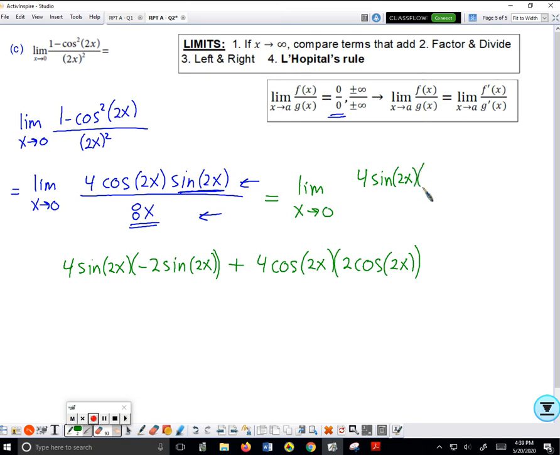So now when we plug in close to 0 here, this is going to become 0, this is going to become 0, plus this will become close to 1, this will become close to 1, so that whole numerator is going to get close to 8. The denominator is going to get close to 8 because the derivative of 8x is 8. That's why the limit's going to equal 1.